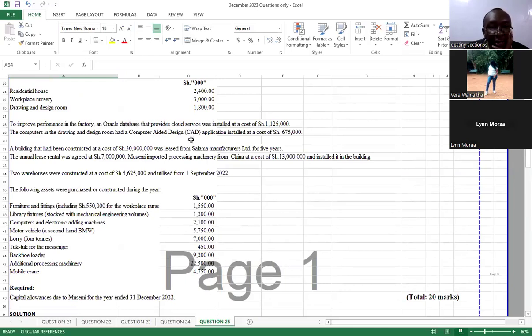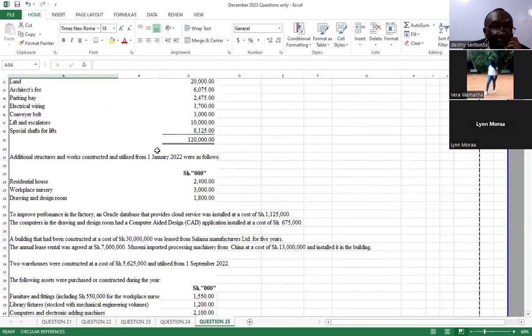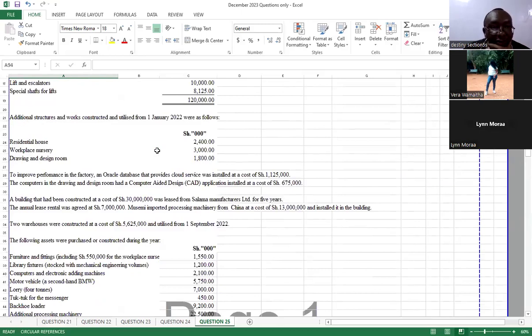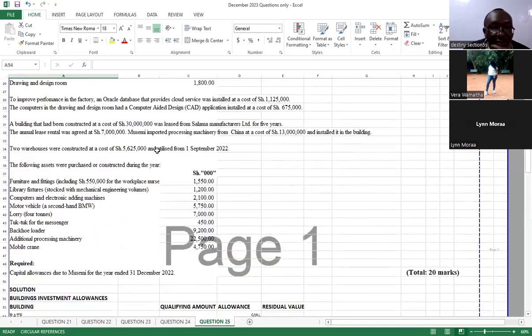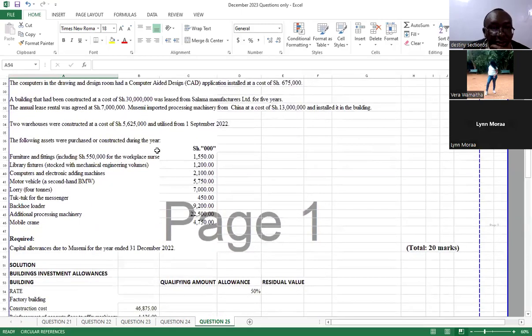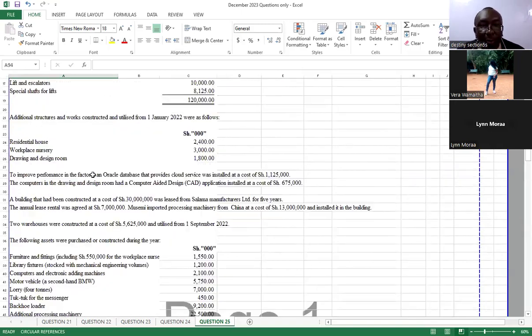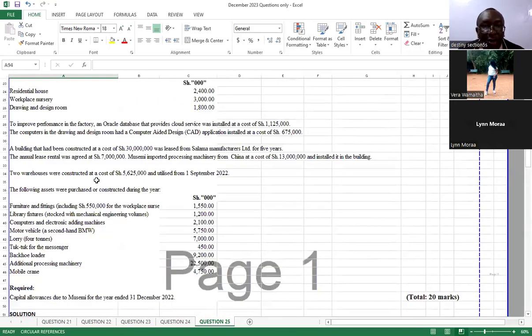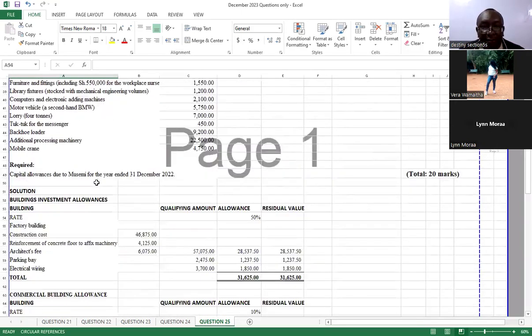Then there was this computer-aided design. And then I had seen the cost of computers. Yes, these ones is what I was looking for. Okay. So we start with Oracle database 1125.